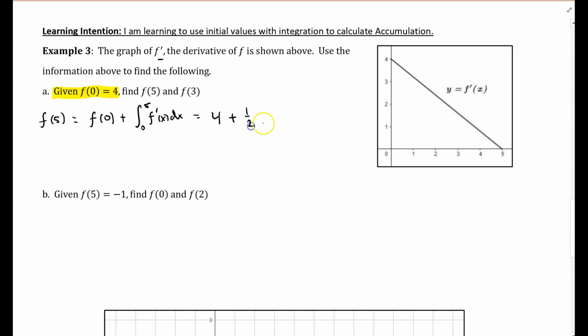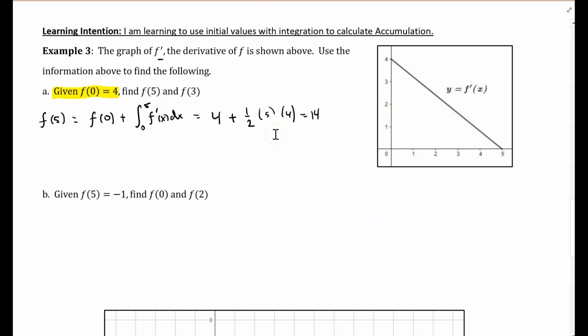And this is a triangle, so 1/2 the base, which is 5, times the height, which is 4, not 2, 4. Okay, and this is going to be equal to 4 plus 10, which gives us 14. Okay, so that is f of 5. I had what f of 0 was, and then I accumulated that net change from 0 to 5.